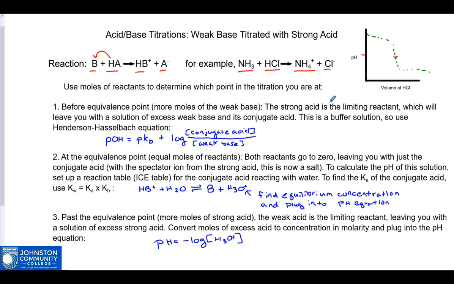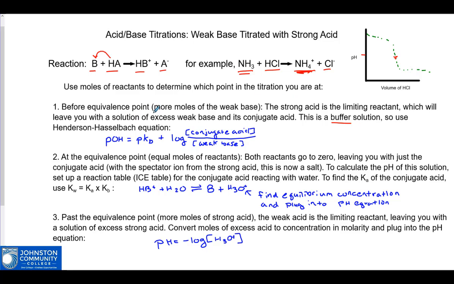At this point, the strong acid is your limiting reactant, and once you've consumed all of that limiting reactant, you will have a solution of your excess amount of weak base, and you will be producing its conjugate acid. A solution of a weak base and its conjugate acid is by definition a buffer solution. So we use the Henderson-Hasselbalch equation to find the pH.